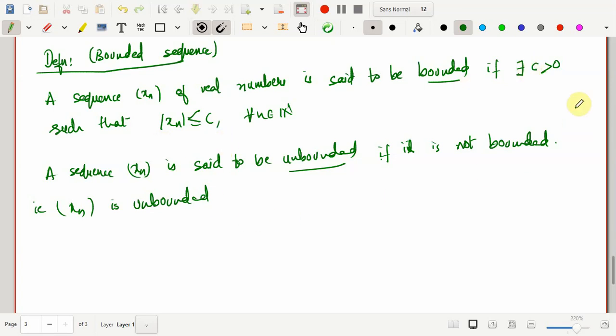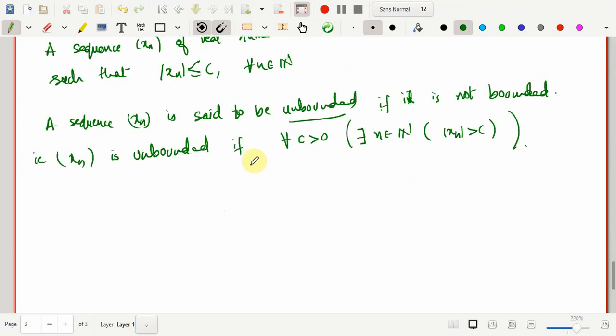That is the same as saying, you give me any positive C, and I should be able to find a natural number n such that the magnitude of xn is strictly greater than that C. If for any positive C there exists a natural number n such that the modulus of xn is strictly greater than C, that is the definition of an unbounded sequence, and it follows from the definition of a bounded sequence.